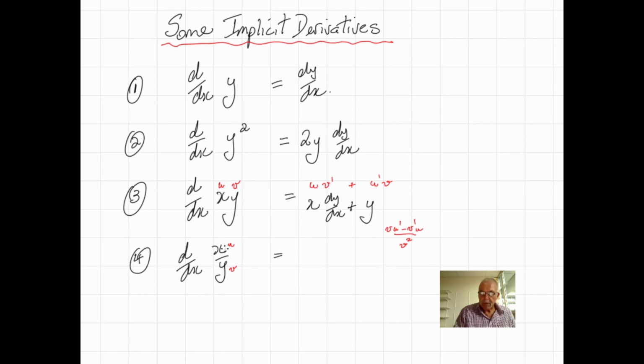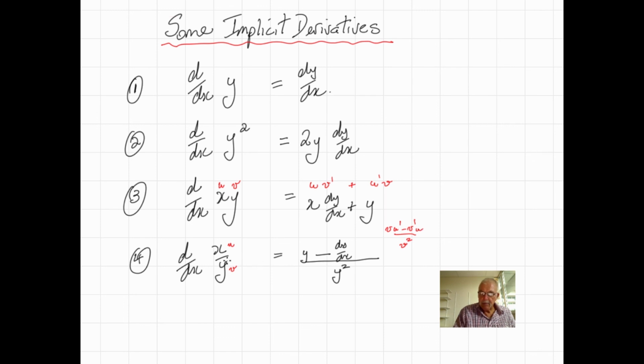So derivative with respect to x of x over y. v squared is y squared. v is equal to y. u dash, the derivative of x with respect to x, is just 1, minus v dash. v dash is the derivative of y with respect to x, so that's dy/dx.